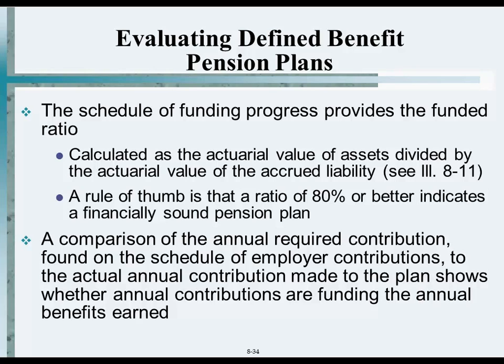I want it to be 100%. But apparently, one of the indicators is if it's 80% or better, you've got a sound financial plan, okay? And another way to see if the pension plan is doing well is to remember the schedule of funding progress, which I just showed you, comparing the ARC to the amount that was actually contributed.